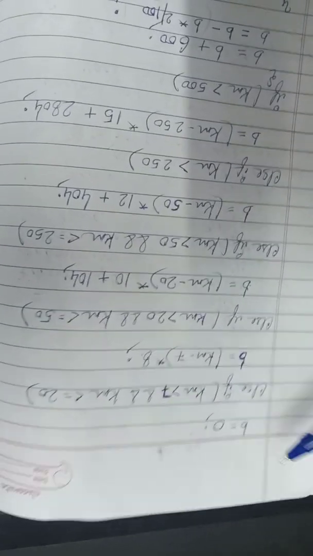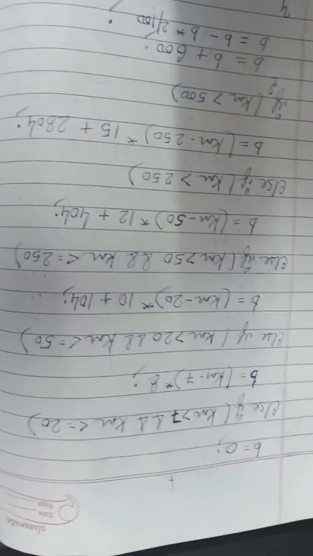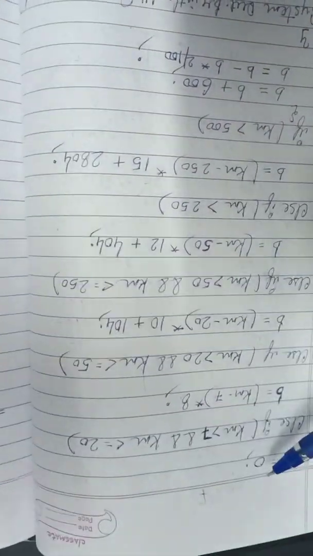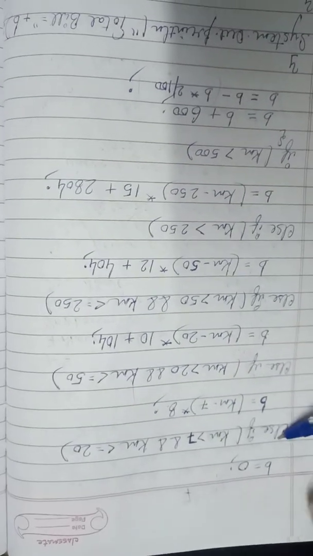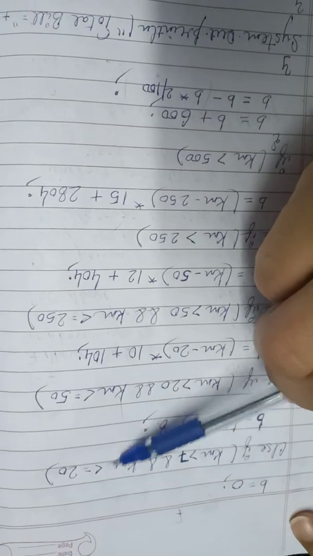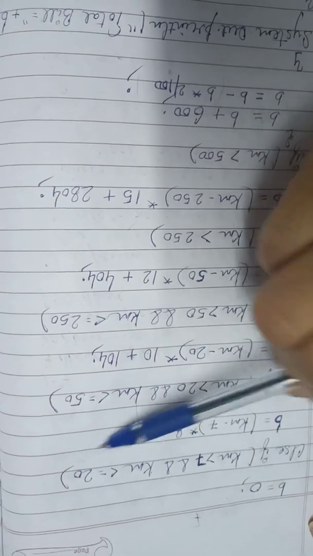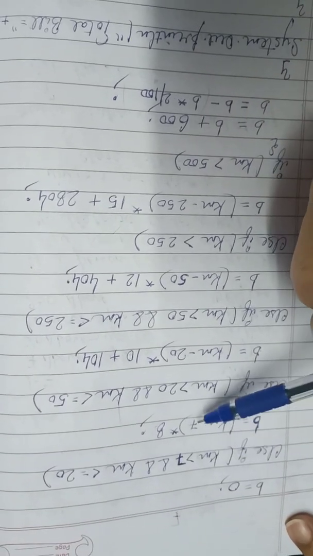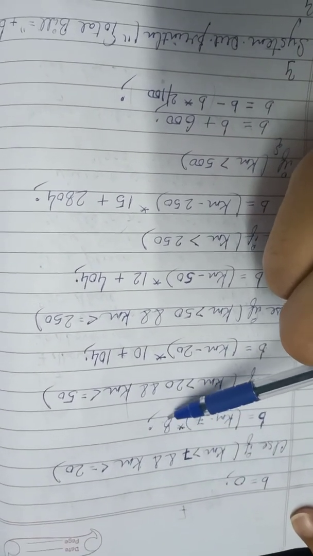bill is equal to 0 because there is no charge between 1 and 7. Therefore I have written bill = 0. Now else if kilometer is greater than 7 and kilometer is less than or equal to 20, we are going according to the condition. Bill = (kilometer - 7) * 8.